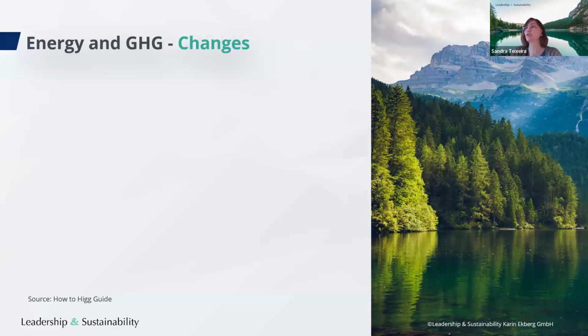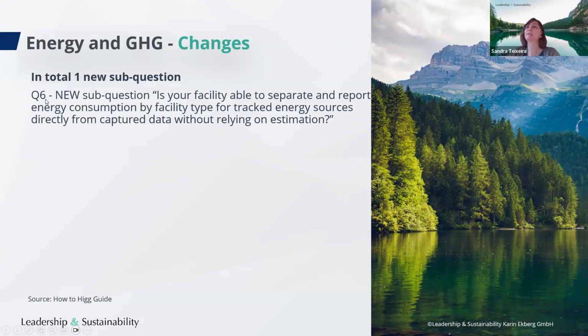And looking into the changes that were added into the Cadence 2024, here we have in total one sub-question, as we saw previously, and it is the sub-question attached to question 6.